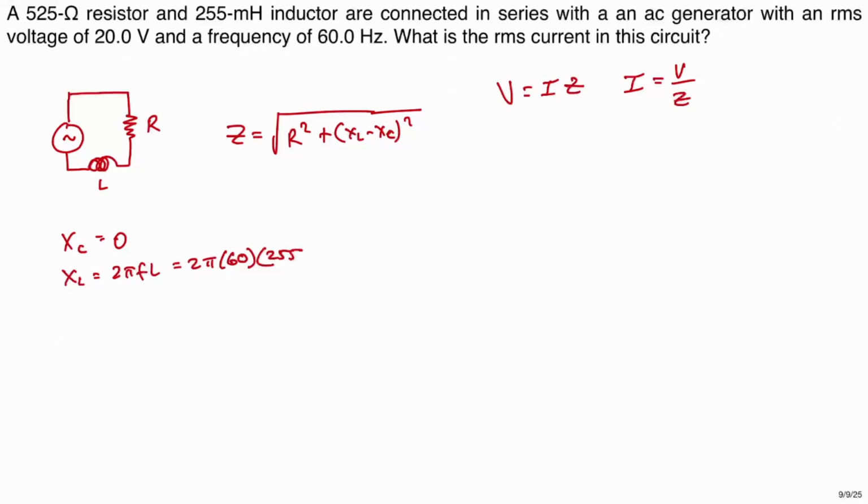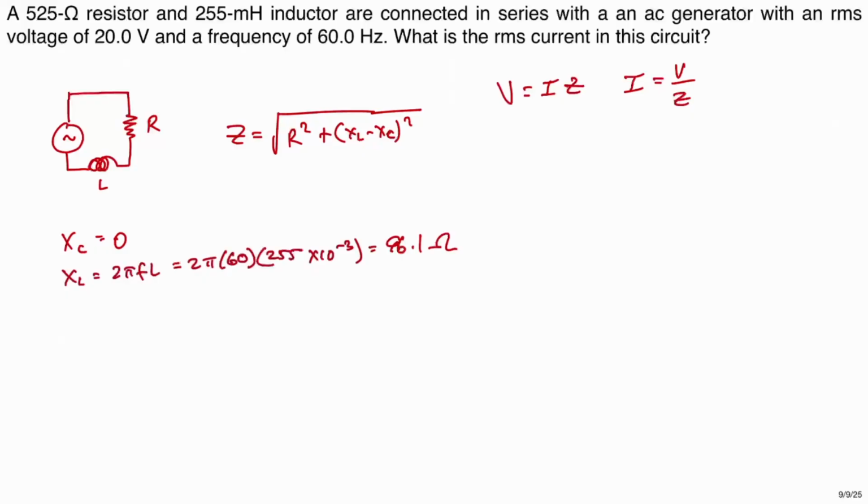What am I going to write for the milli? Does anybody remember what milli is? 10 to the minus 3. Okay, so I calculate that out. I got 96.1 ohms.